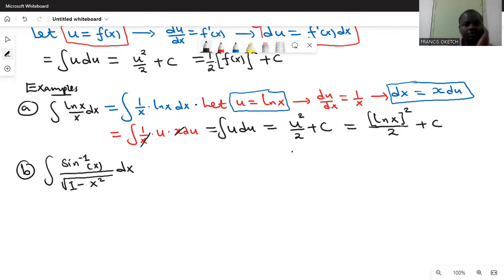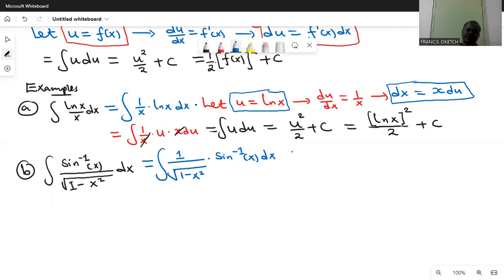So as usual, how else do you write this integral? It can be written as the integral of 1 over root 1 minus x squared times sine inverse of x dx.